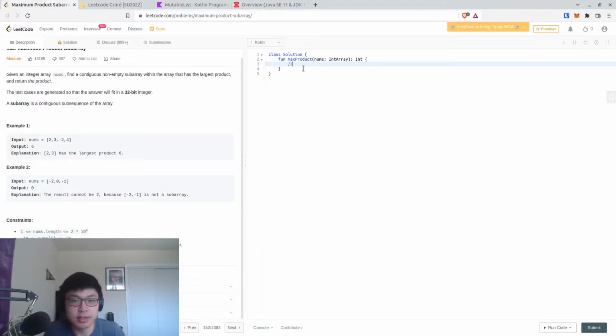So first of all, sorting probably won't work because we need it to fit within a contiguous subarray, and we want to maintain the order. So sorting will probably not be valid here. What else could we do?